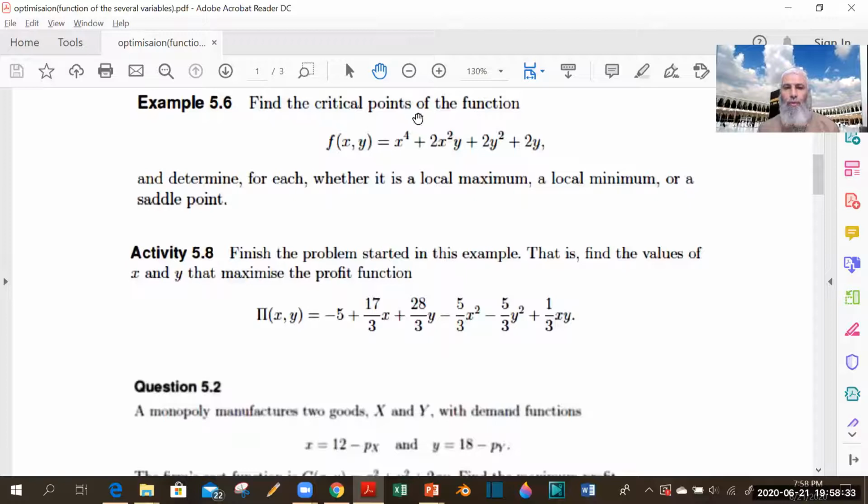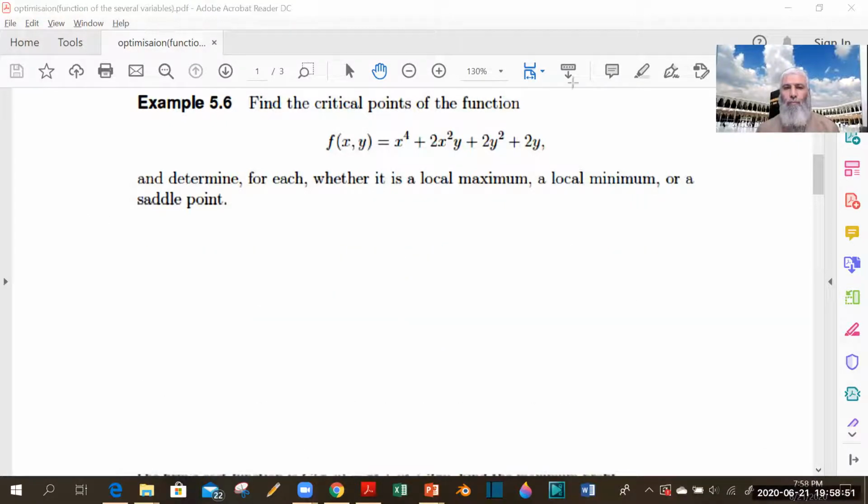Find the critical points of the function, this one, and determine for each whether it is a local maximum, local minimum, or a saddle point. So also you need to find them with respect to x and y. First, second derivatives.